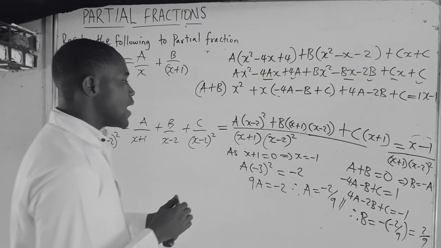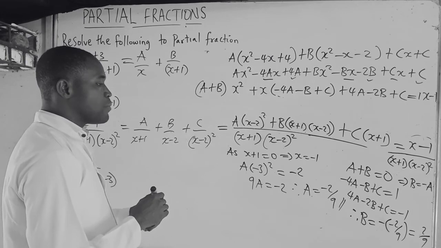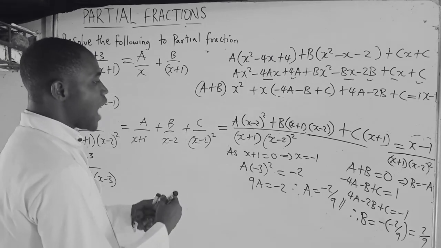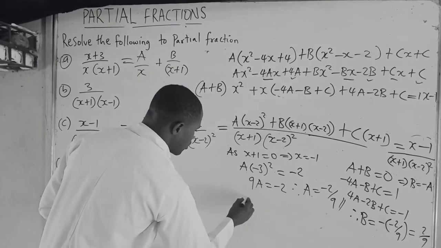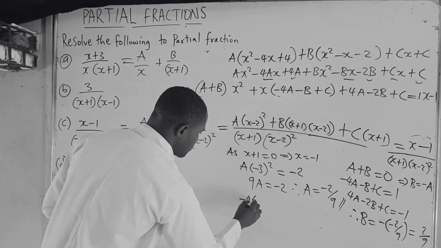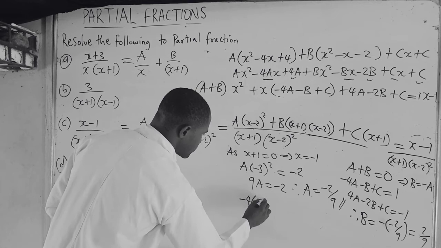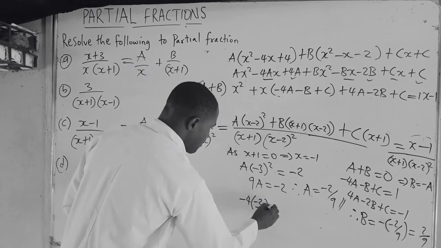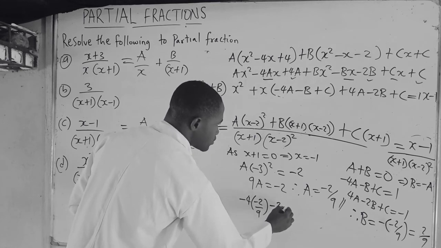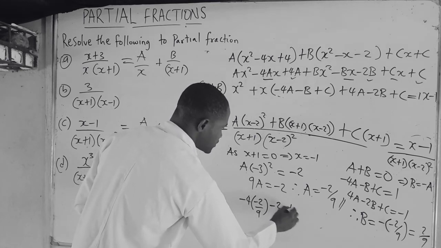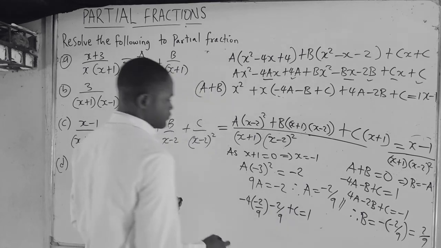So as your a is minus 2 over 9, your b will be 2 over 9. How do we get our c? We put it here. We say minus 4 bracket minus 2 over 9, that is our a, minus what is our b, 2 over 9, plus c equal to 1.